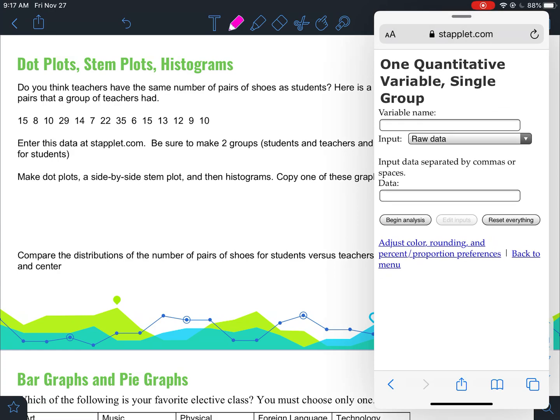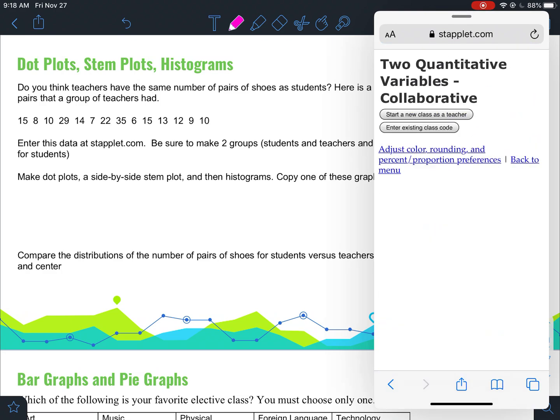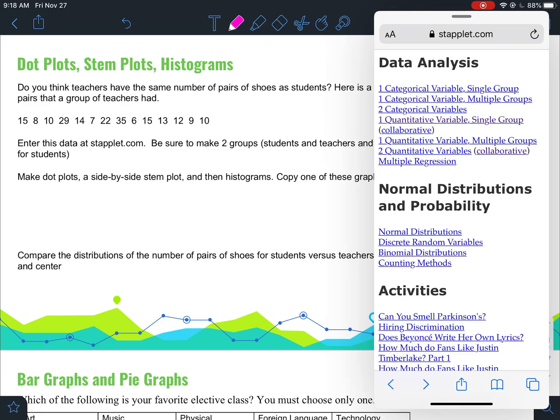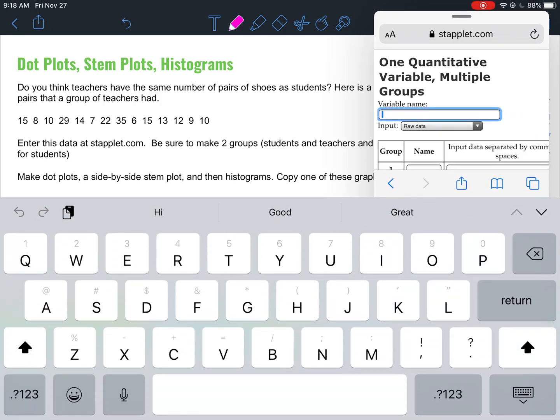Okay, so we are going to go back to our beginning, and we are going to do quantitative, but this time we're going to have 2 variables. Multiple groups, sorry. 1 quantitative variable with multiple groups.